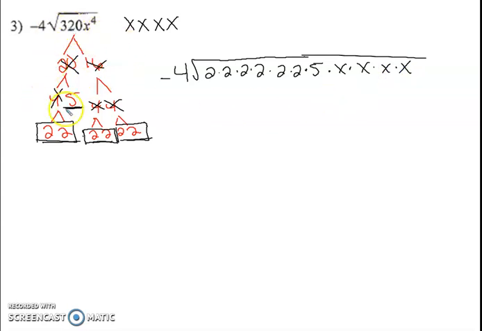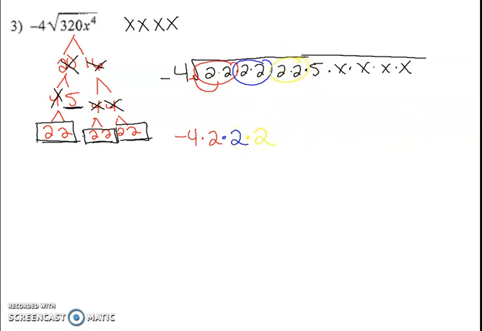All I did was expand that stuff. Then I can take each set out. There's one set of 2's. Here is another set of 2's. And another set of 2's.